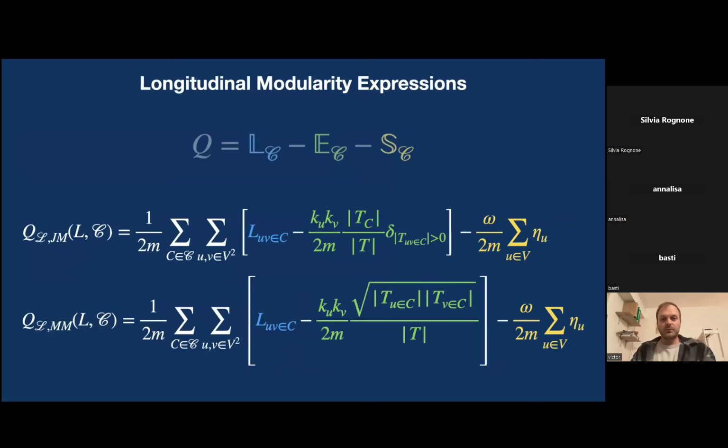So now we have 2 longitudinal modularity expressions that are here. They are a bit complex maybe, but with beautiful colors. In blue, it is still the number of expectation between nodes U and V in community C. In green, it is the expectation of the number of interactions between community nodes U and V inside community C. And in orange, you have the smoothness term that I just talked about before.